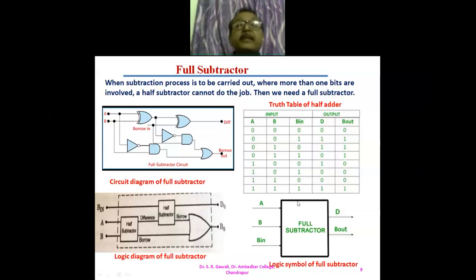So this is about the full subtractor. Many times questions have been asked on the half subtractor and full subtractor. A descriptive question can be asked on the half adder, full adder, half subtractor and full subtractor. So this topic is very important from the examination point of view.